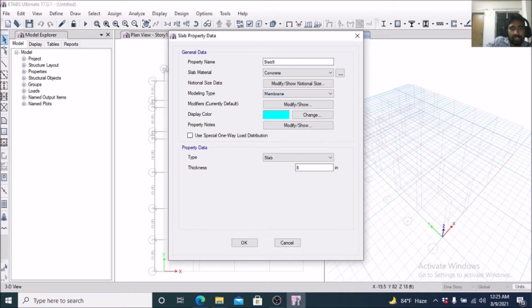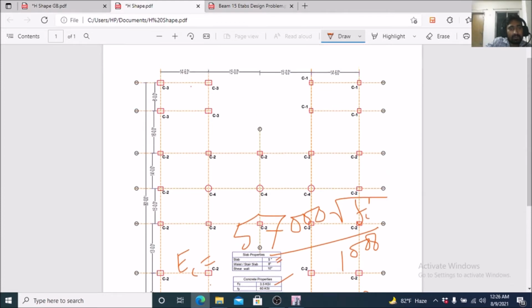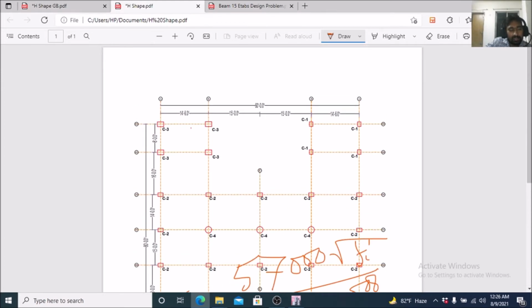So if we want to change the color, we have to change it by clicking on this, and the thickness should be 5 inch. If we click membrane, there is the option to use a specified one-way load distribution, but here we can see that all the sides of our slab are surrounded by beams.